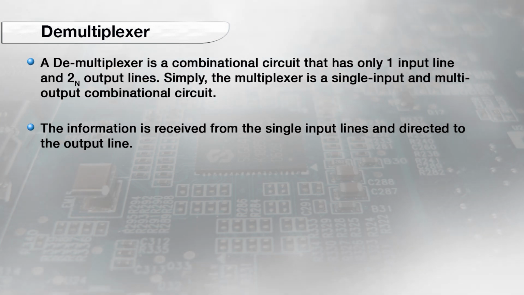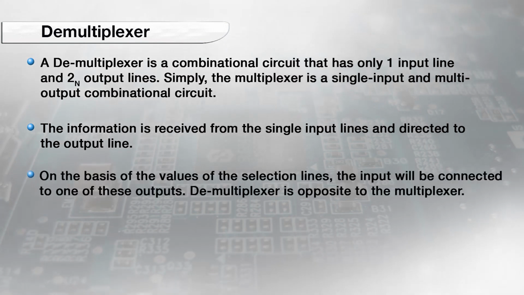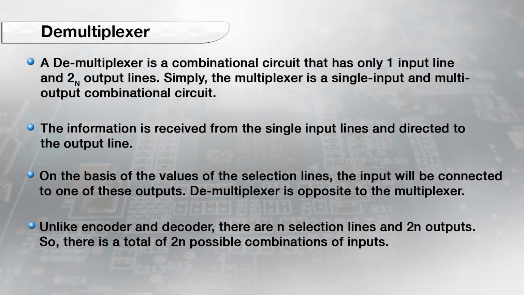We have only one input line and multiple output lines, and the selection lines select which output line the data is to be transmitted to. On the basis of the values of the selection lines, the input will be connected to one of these outputs. Demultiplexer is the opposite of the multiplexer. Unlike encoders and decoders, there are n selection lines and 2 to the power of n outputs. So there is a total of 2 to the power of n possible combinations.